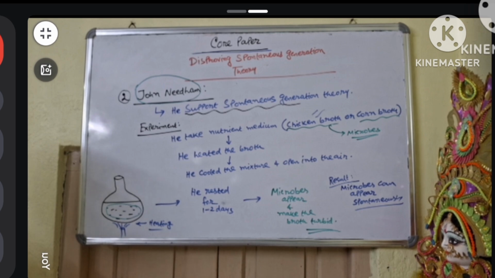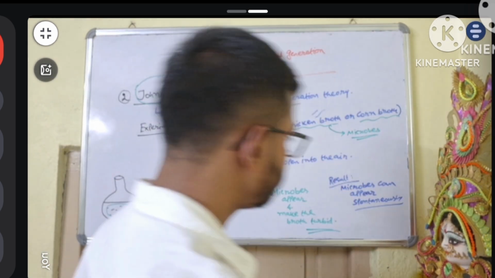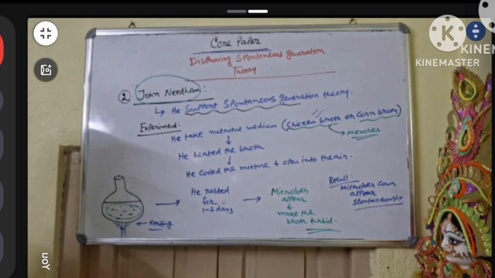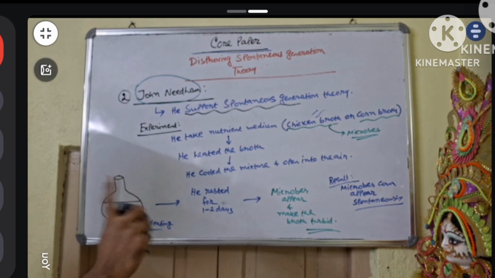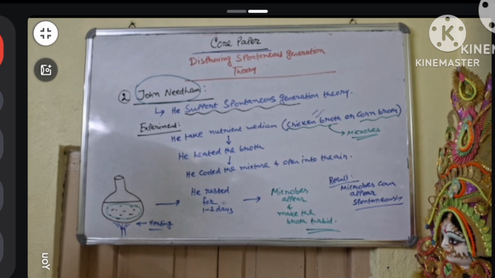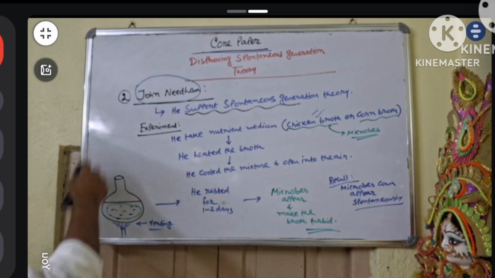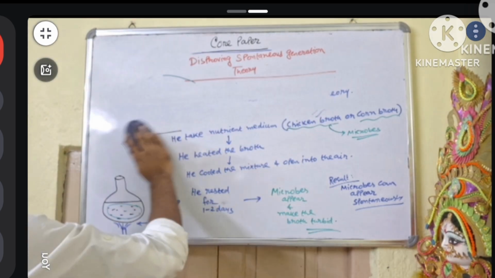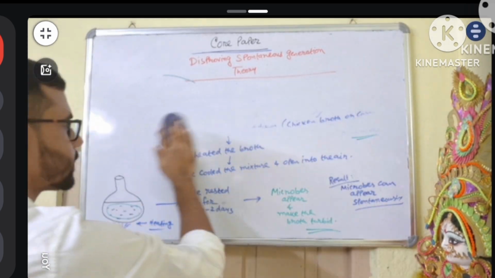Clear? Needham's experiment. This should be disproved, that microbes should not appear spontaneously. Microbes appearing need a prior, pre-existing generation. So for that, scientist number 3 or philosopher number 3 came and did the experiment.